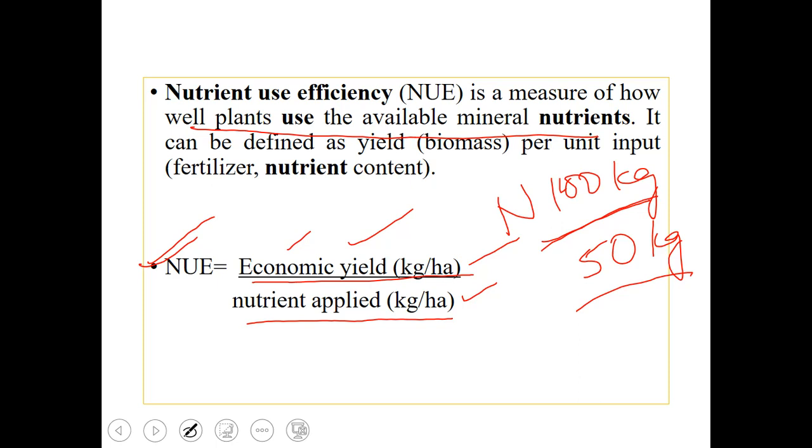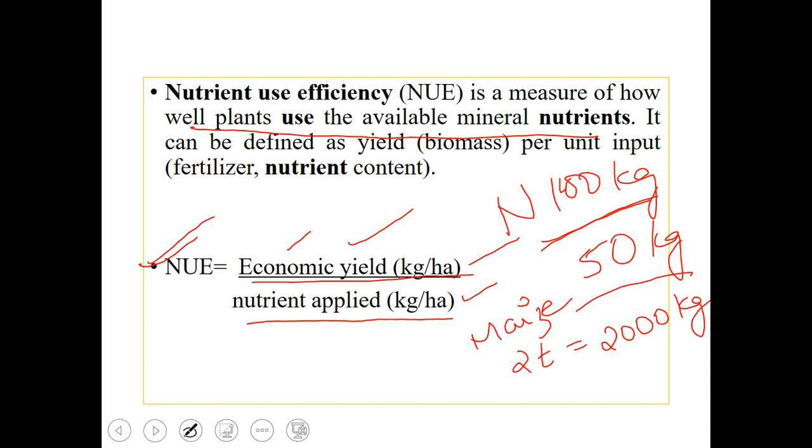I'll take an example here and explain. Let's take the maize crop. Per hectare, say we are harvesting 2 tons, just as an example. You have to convert it to kg: 1 ton is 1000 kg, so 2 tons is 2000 kg.